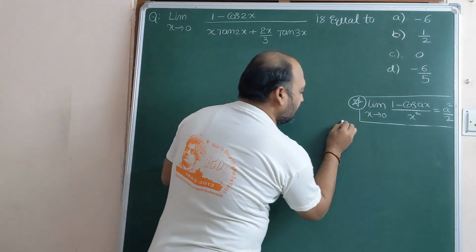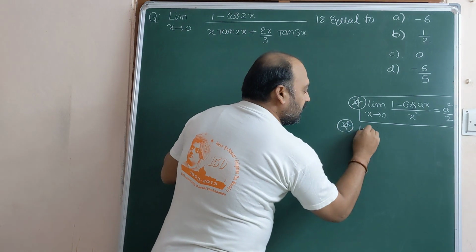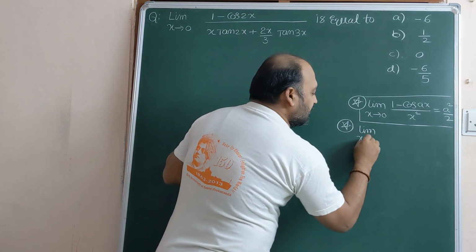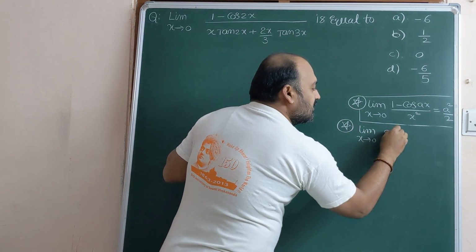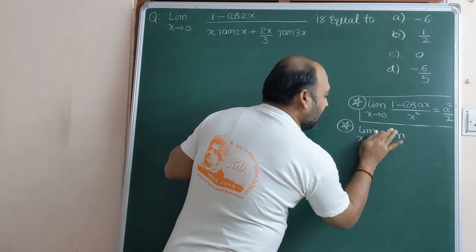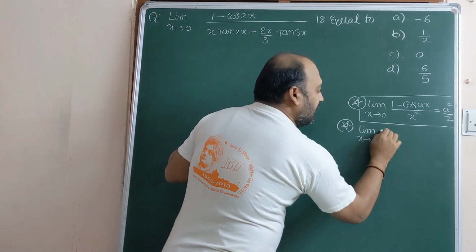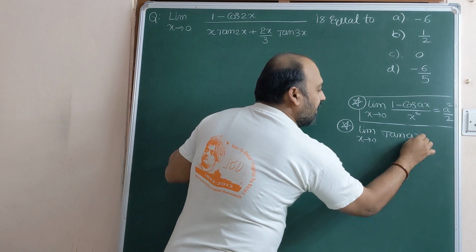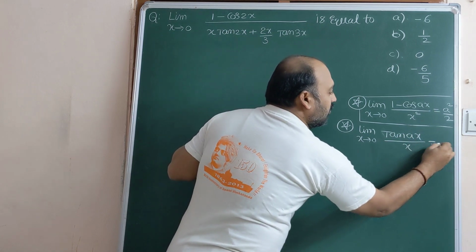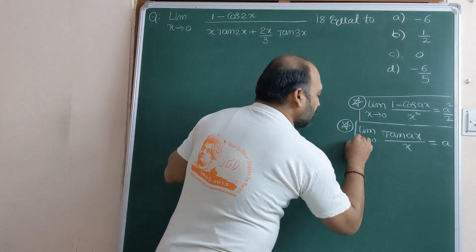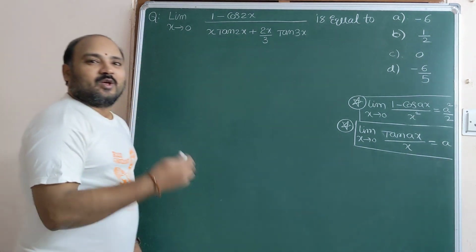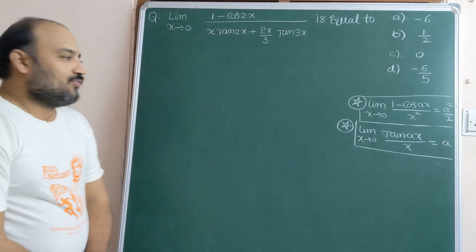Next formula: limit x tends to 0 of tan ax divided by x is equal to a. So these are the 2 formulas we are going to apply now.